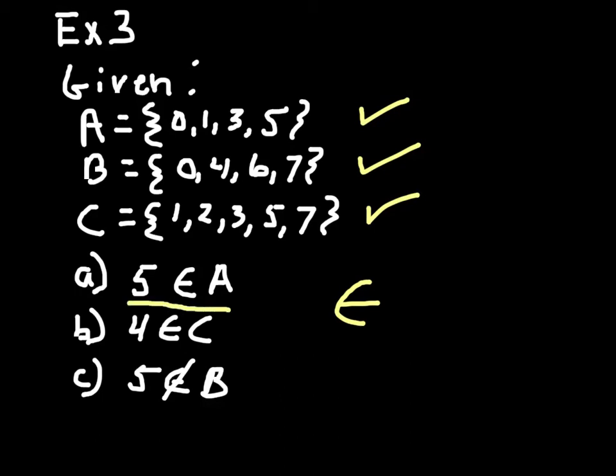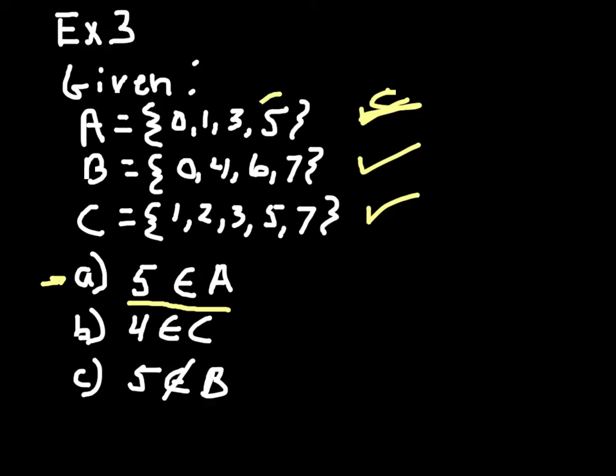Now what in the world does element mean? Well, element simply means is a member of. So we're just going to answer these, and all we're going to be directed to do is answer these true or false. So in A here, our first question, true or false, is 5 a member of A? And that's how I would read this. So let's go up to set A up here and ask ourselves, is 5 a member of that set?